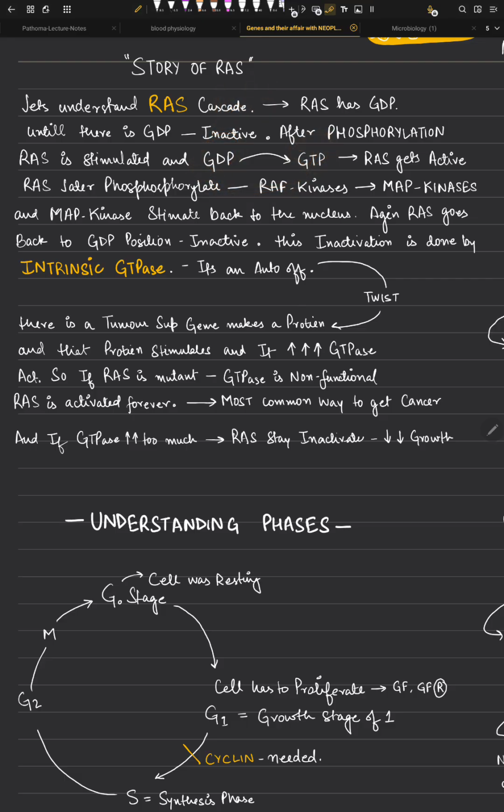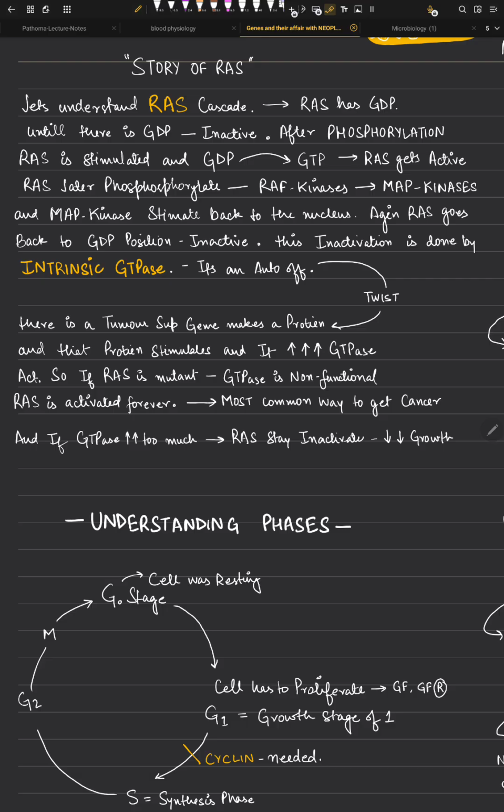Now, this inactivation is done by something called intrinsic GTPases. GTPases remove this phosphorylation. It's an auto off button. Now, the twist in the story is that a tumor suppressor gene makes a protein, right? Now this protein stimulates and increases GTPase activity, so it's an auto off, right?